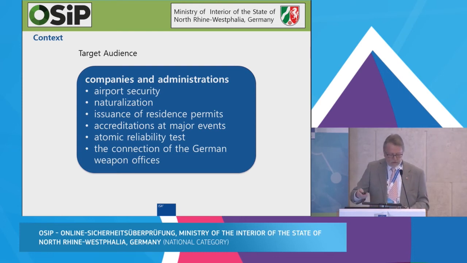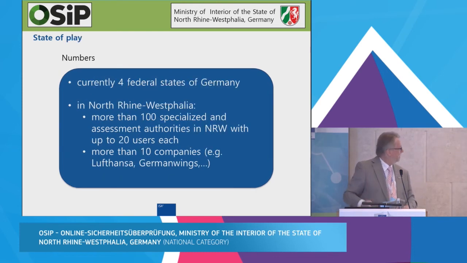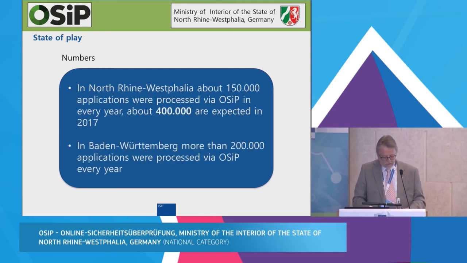Now I want to show you the state of play. OSiP is now used in 4 federal states: North Rhine-Westphalia, Baden-Württemberg, Hamburg, and Hessen. I hope that other states will also take up the OSiP idea. In North Rhine-Westphalia, more than 100 specialized and assessment authorities with up to 20 users each are involved in the OSiP process chain.